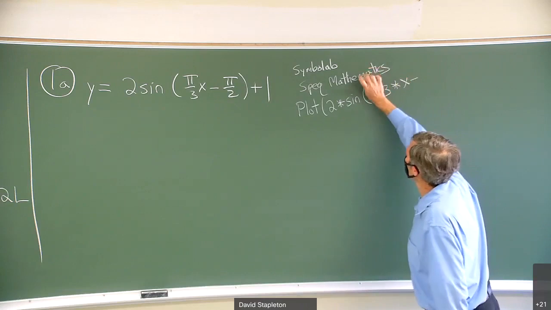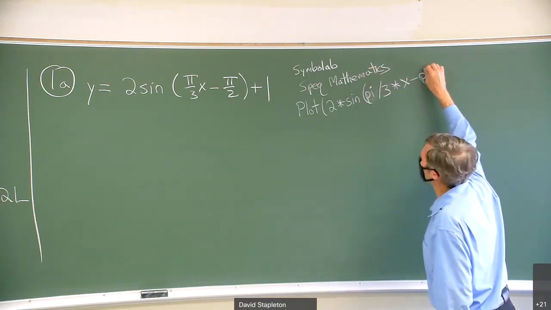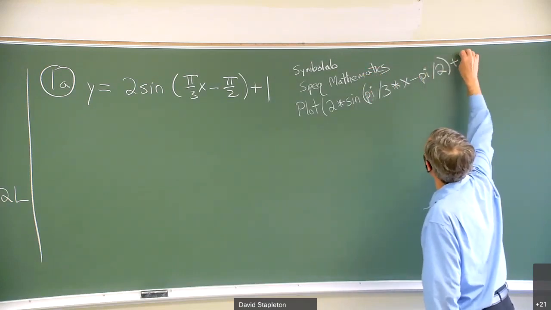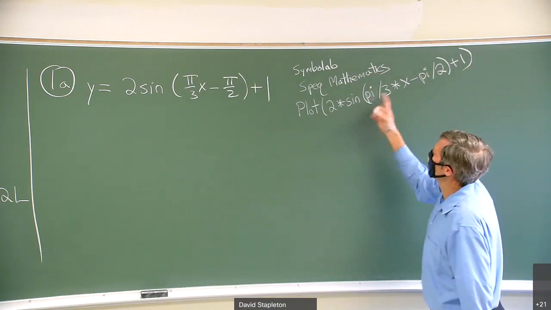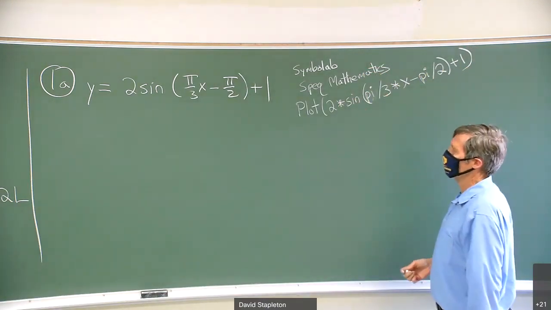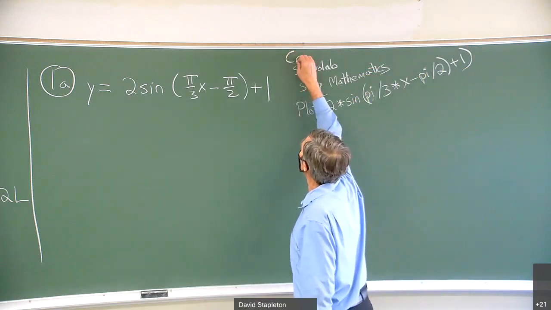Minus pi divided by 2, close, plus 1, close. This command on the spec thing, for instance, will plot this nicely. Again, it won't show you exact points, but if you don't have a calculator, you can do that.